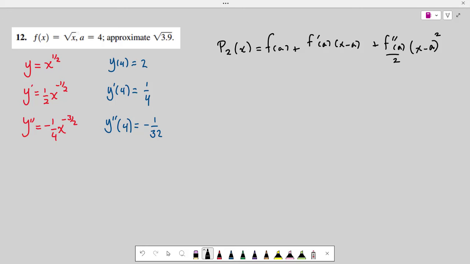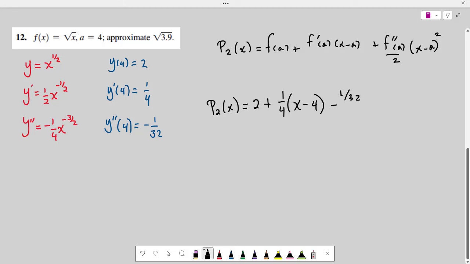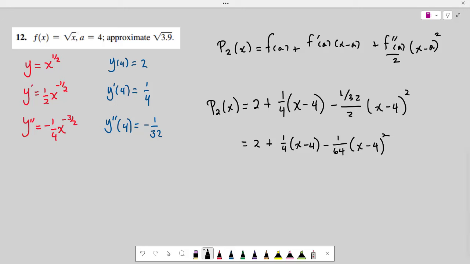So we go ahead and plug in. p sub 2 of x, start there, 2 plus 1/4 times x minus the center plus negative 1/32 divided by 2 times x minus 4 squared. The only thing we're going to simplify at all with these is just the coefficients. You don't have to do any distribution. So there's our quadratic. That is our best quadratic approximation.